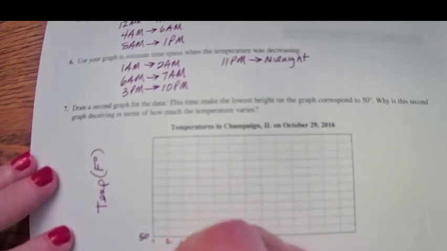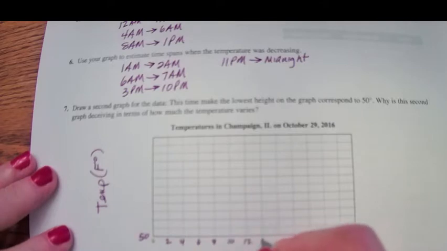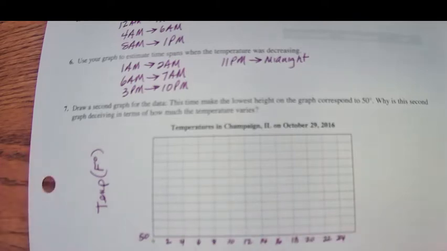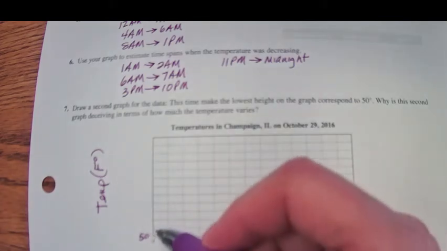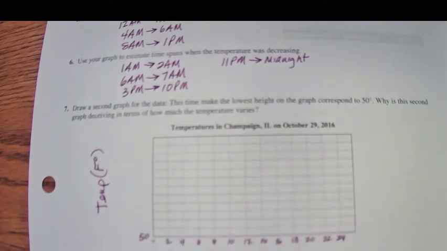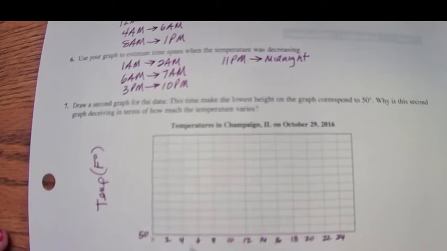So we'll have 2, 4, 6, 8, 10, 12, 14, 16, 18, 20, 22, 24. But since we know we want the temperatures to go between basically 60, they said to start at 50, and 81, let's go ahead and write this where the graph goes up by 3's.